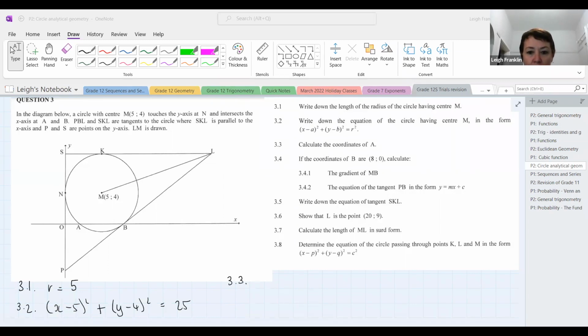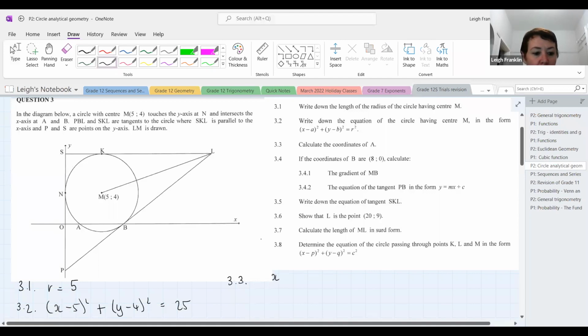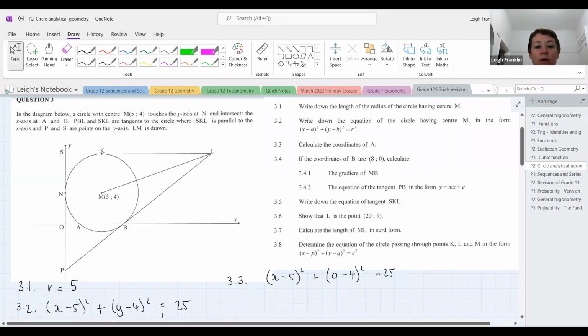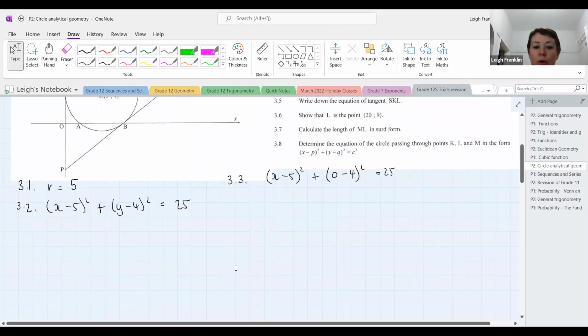So what I would have done here is I know that A is a point on the x-axis, which means y has to be equal to 0. So I would have taken the (x minus 5) squared and left it as is, and then substituted 0 in place of the y. And I would have made myself a trinomial, and then solved appropriately.